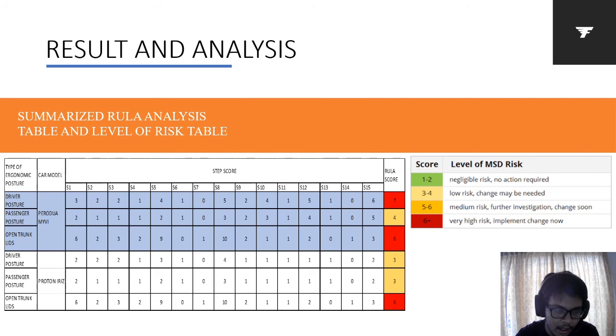And the high score is on the driver posture and open trunk lid, and also Proton Iriz also has a high score on open trunk lid. Although it's a medium risk, it's a risk for people to suffer MSD.